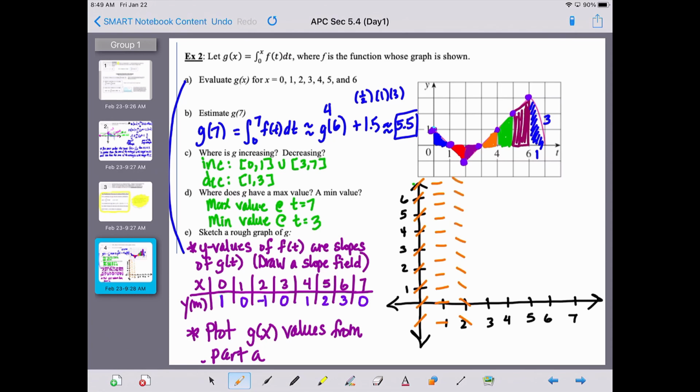When x is 3, my slopes are 0. When x is 4, my slopes are 1. When x is 5, my slopes are 2, so steeper. When x is 6, my slopes are 3, so steeper yet. And then finally, when x is 7, my slopes are back to 0.